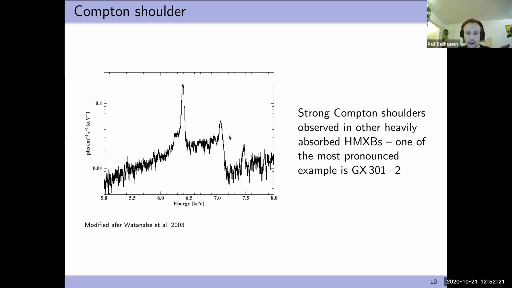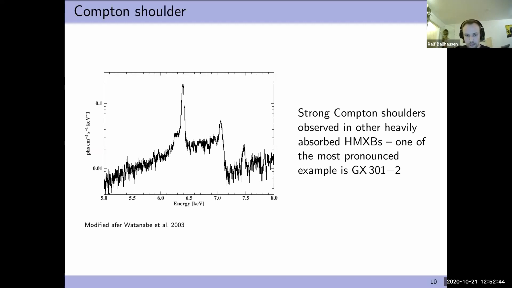And although we only have CCD resolution in our IGR observations, we really don't see a Compton shoulder feature that at least is as strong as would be expected for the observed overall column density. And this Compton shoulder feature here is mostly a tracer of the electron density.